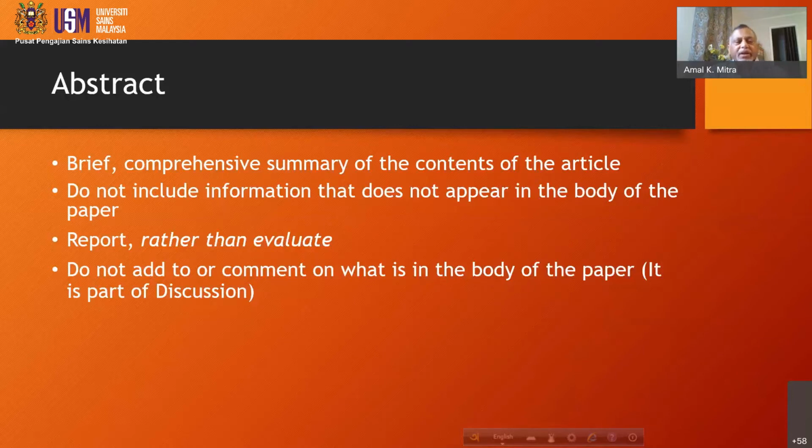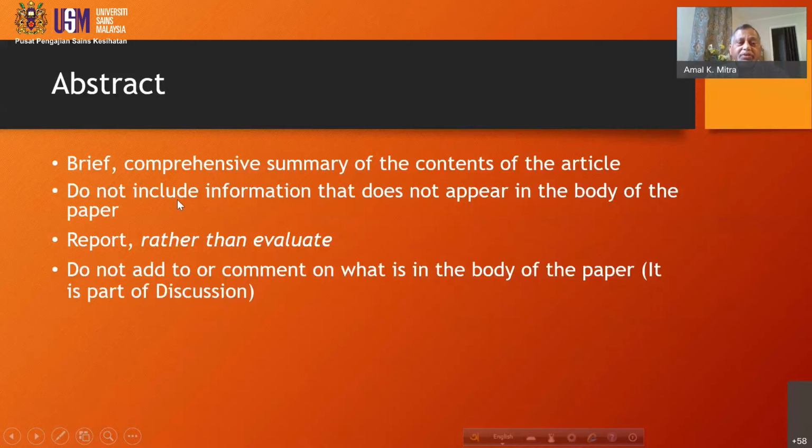So how to write an abstract? You see here, abstract should be a brief, comprehensive summary of the contents of the article. This is the keyword, of the contents of the article. I'll come to this point again.